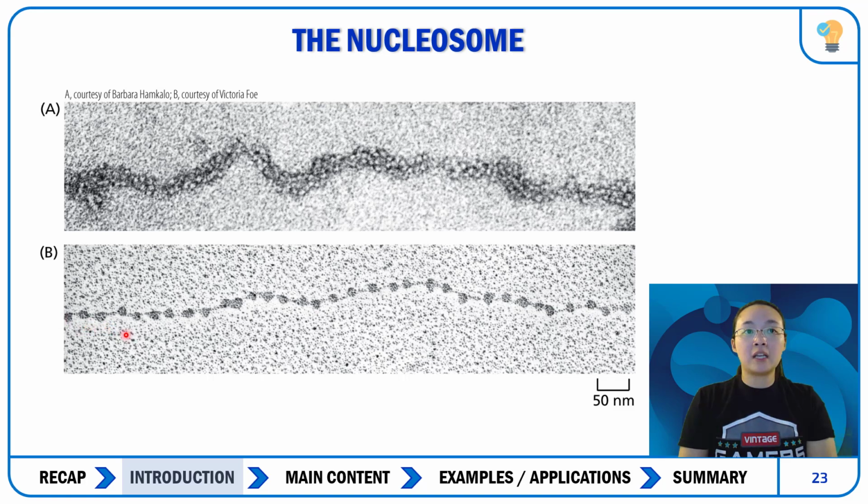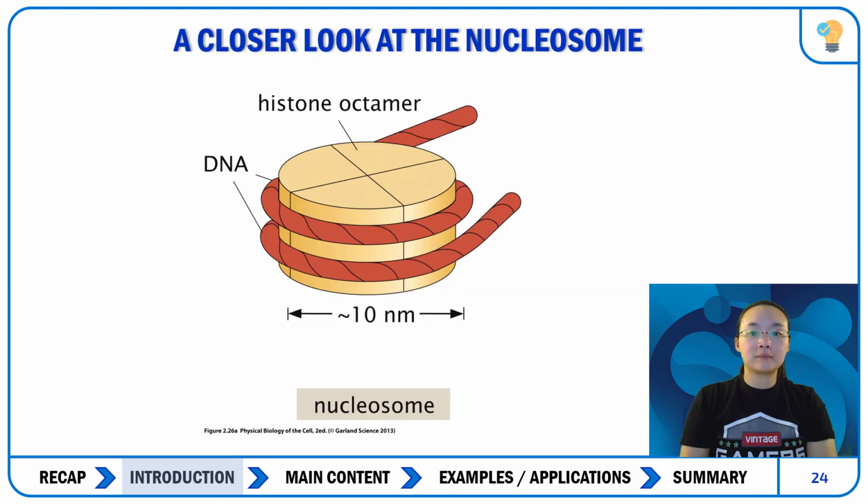So you have DNA being wrapped around individual histones. We call these beads on a string because it literally looks like beads on a string. So let's take a closer look at the nucleosome. You have the DNA double helix wrapping itself around the histone octamer. And it's an octamer because there are 1, 2, 3, 4, 5, 6, 7, 8 pieces to the structure.